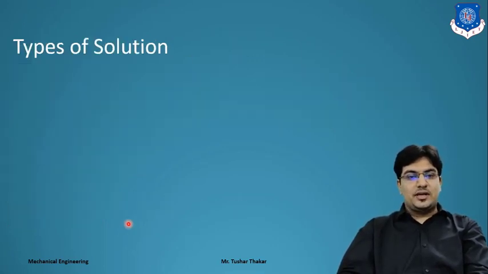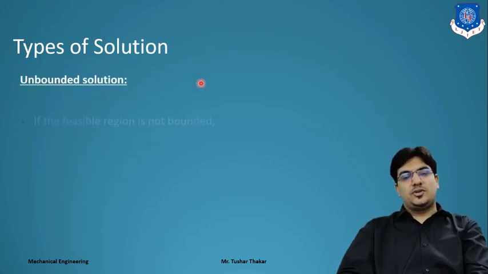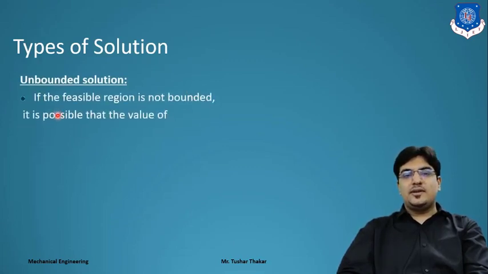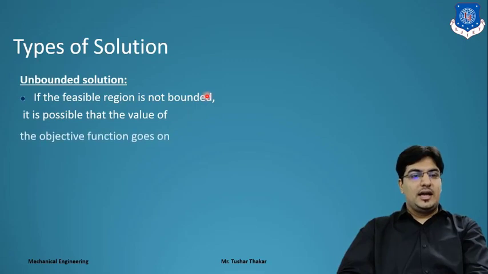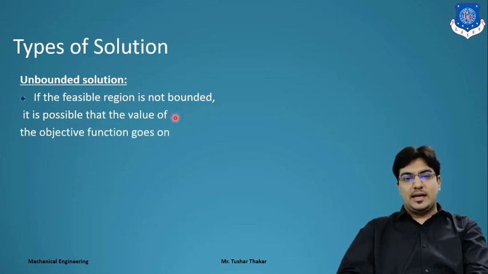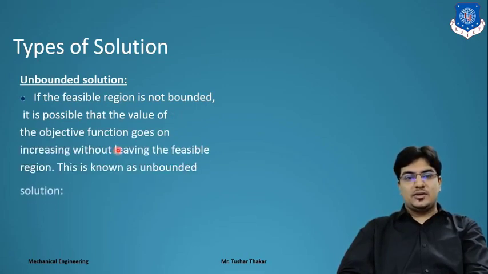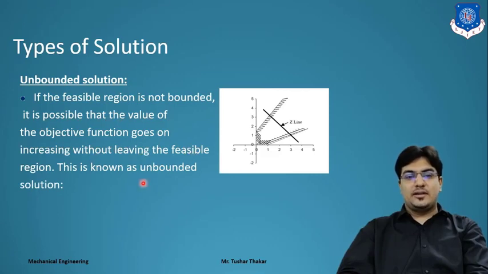Second is the unbounded solution, where we get an unbounded solution if the feasible region is not bounded, and it is possible that the value of the objective function goes on increasing without leaving the feasible region. This is known as an unbounded solution, meaning we haven't any bounded value over here. And it is an example over here.